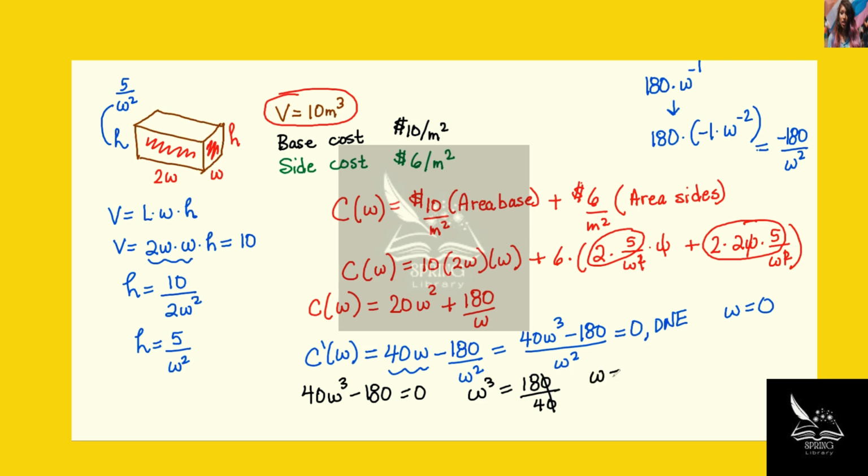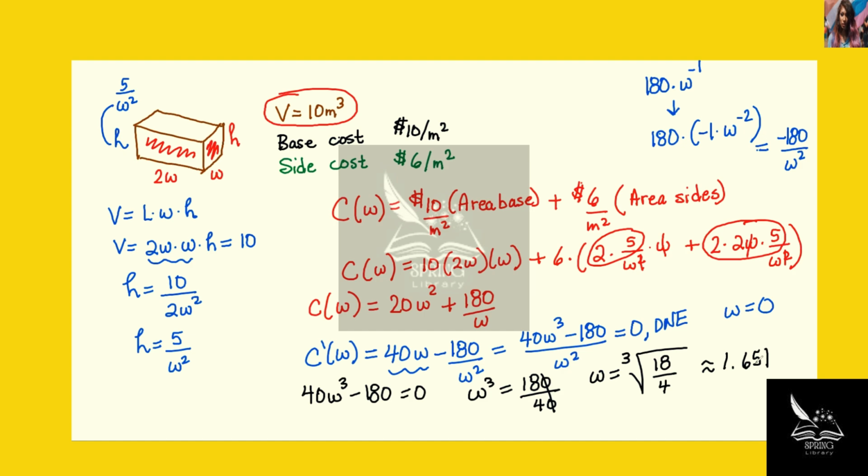And then W is the cube root of 18 over 4. And if I plug it into a calculator, that is about 1.651.